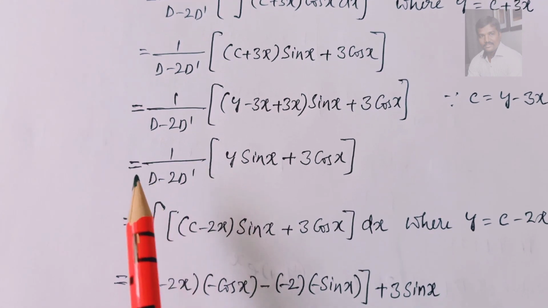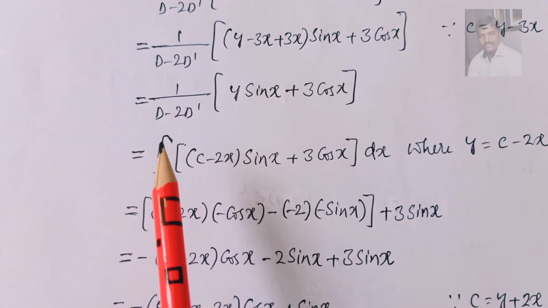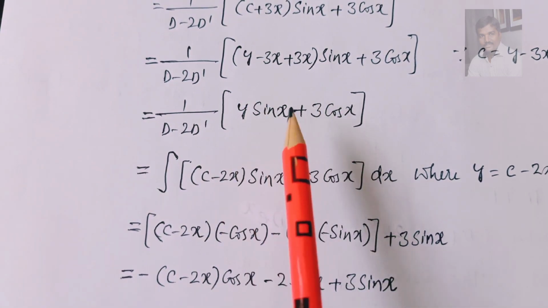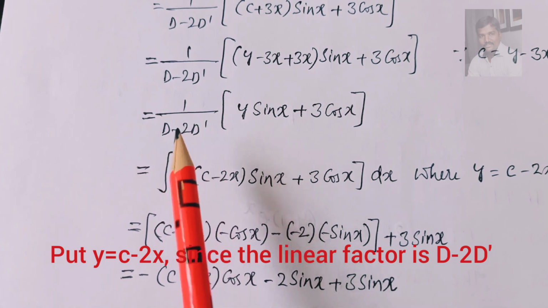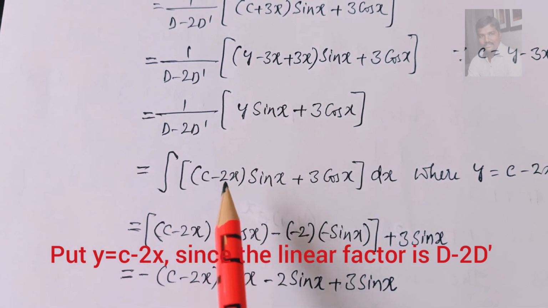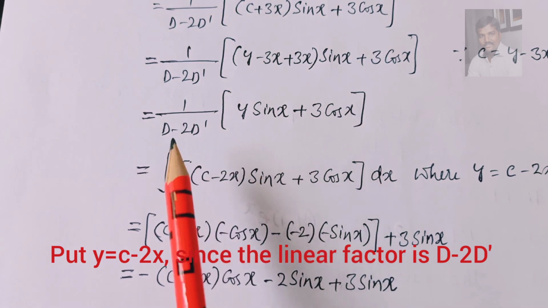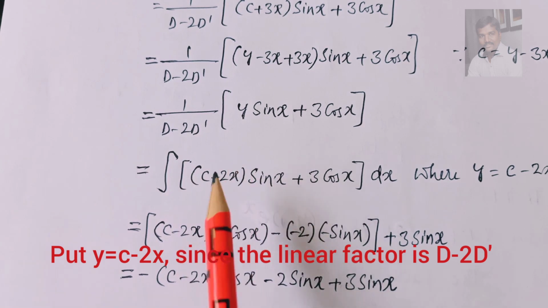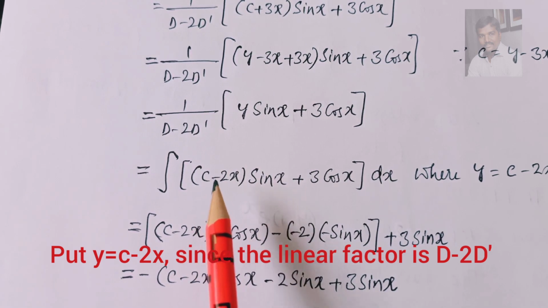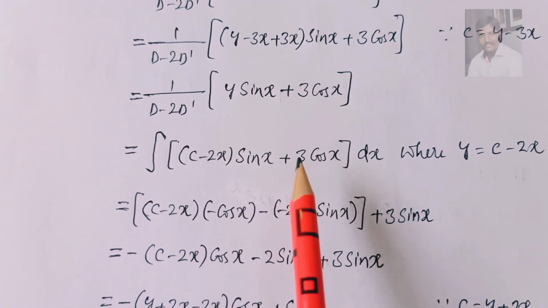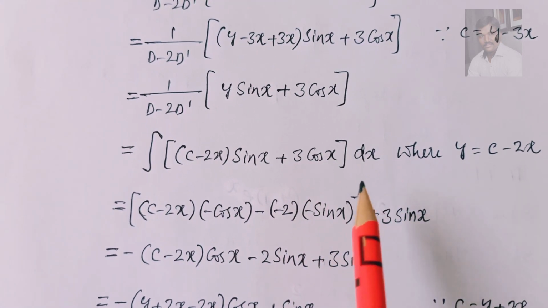Now we have 1 by (D − 2D') on this. Again assume it as a function of D only, so we integrate. We replace y with c − 2x, so we get the integral of (c − 2x)(sin x + 3 cos x) dx.